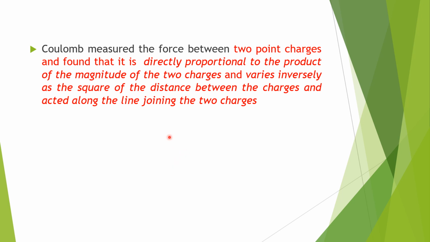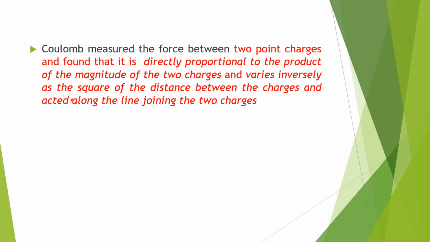Now we will understand what is Coulomb's law. If you have two point charges, according to Coulomb's law, the force of interaction between these two point charges is directly proportional to the product of the magnitudes of the two charges and inversely proportional to the square of the distance between them.